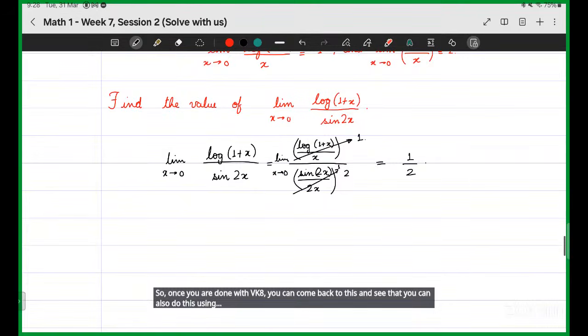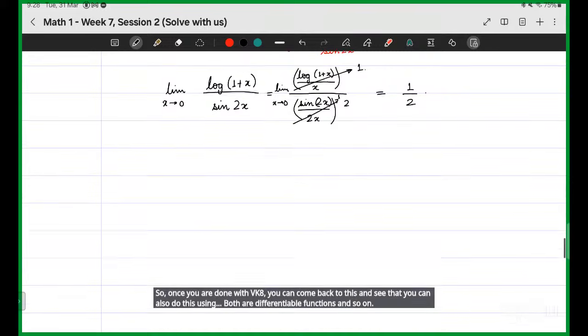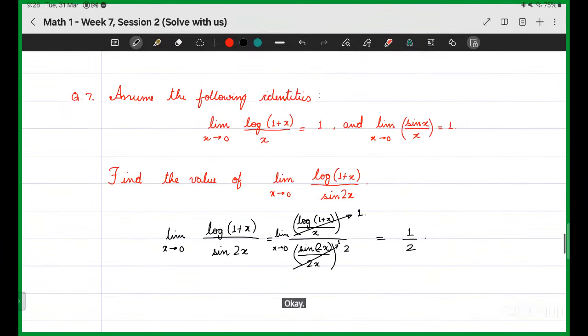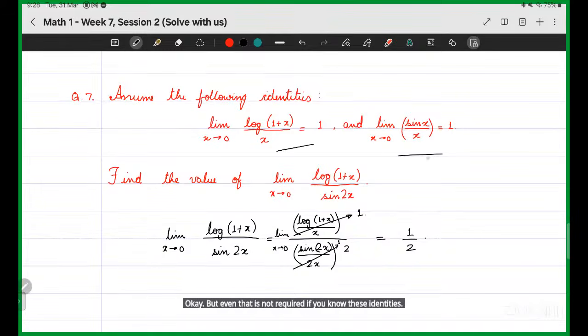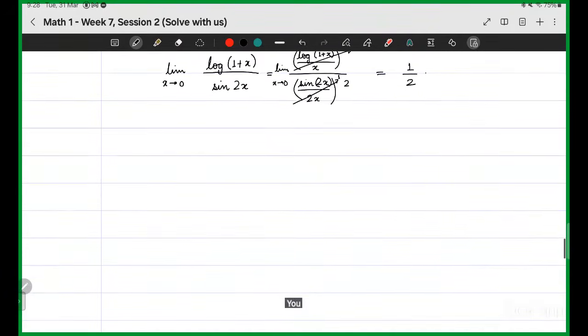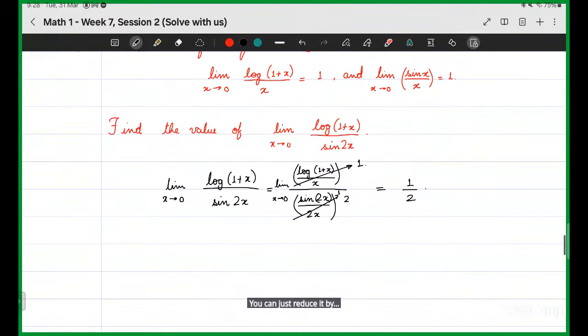Both are differentiable functions and so on. But even that is not required if you know these identities. You can just reduce it by the division rule for limits.